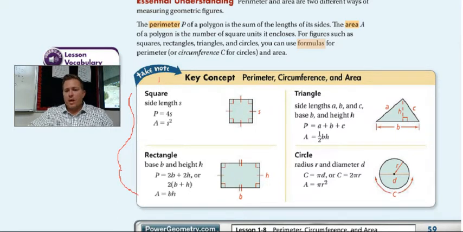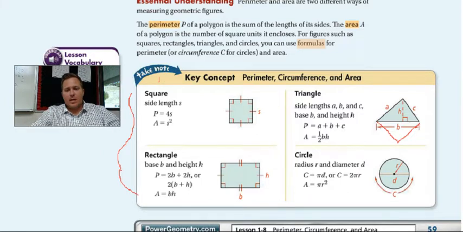And then for the area, it's going to be base times height divided by 2. So you don't need to draw this, but if I were to draw it, I would see that this right here is a rectangle, and the area for a rectangle is base times height. So for a triangle, we're just going to take half of that. So make sure that we have that formula written down.